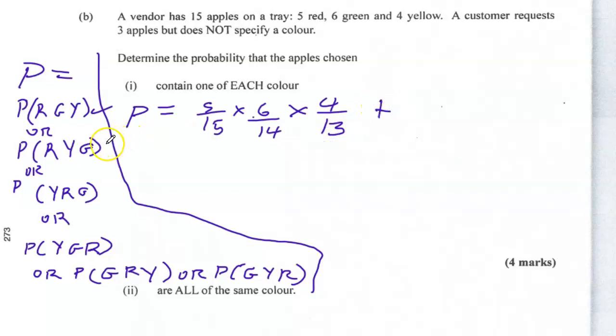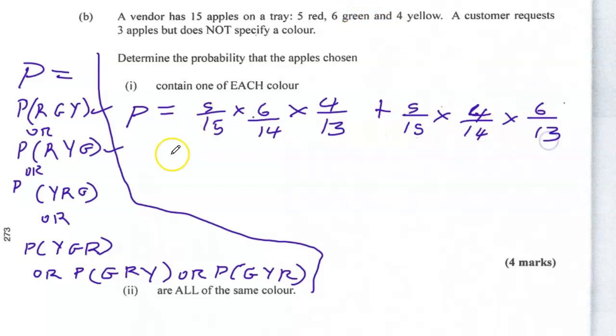Plus, let's look at the second possibility. So if red comes out first, red 5 over 15 times yellow, so it will be 4 over 14, and green 6 over 13.